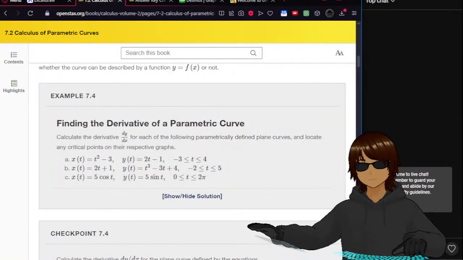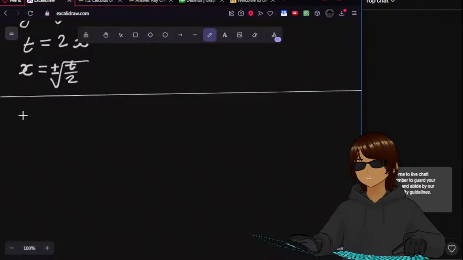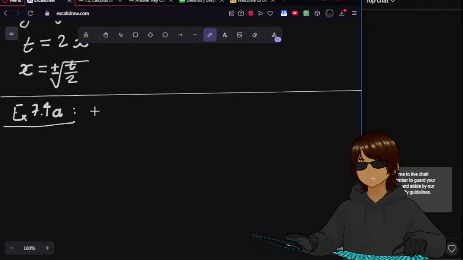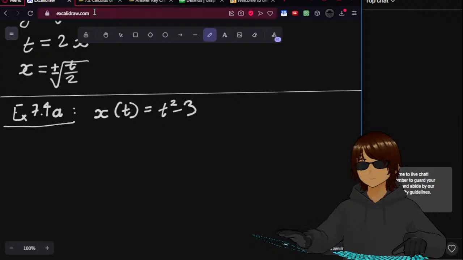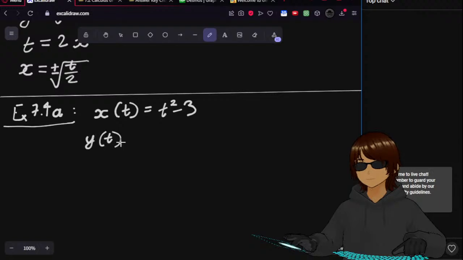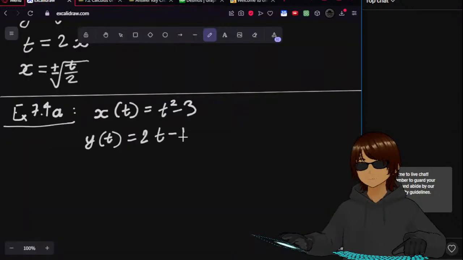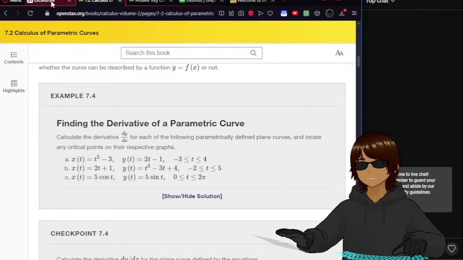So, 7.4a. x(t) is t squared minus 3, y(t) is 2t minus 1, and t is from minus 3 to 4.